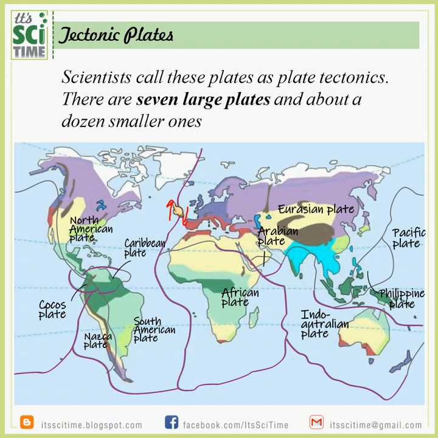A lot of earthquakes occur there. And the red lines show plates which are moving apart, and plates which are meeting or colliding are shown here. These are colliding and showing collisions. So that's how we can see the borders of the plates.